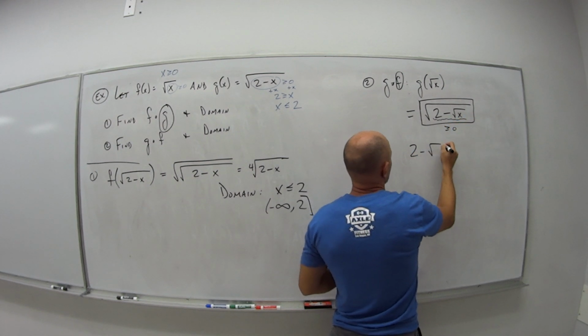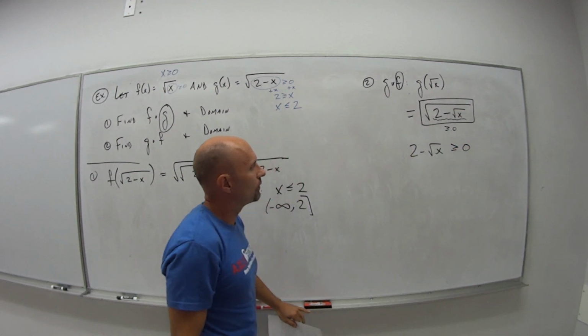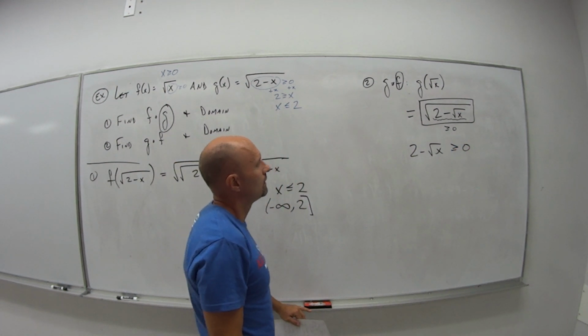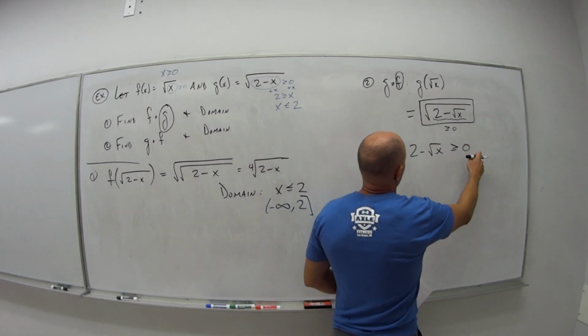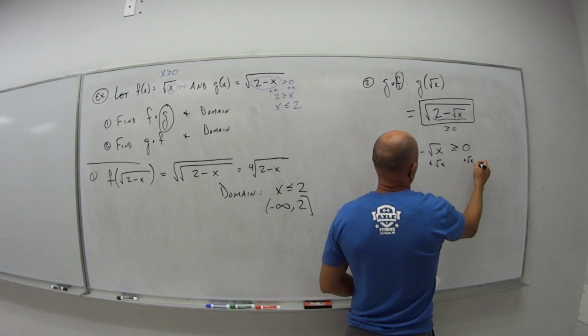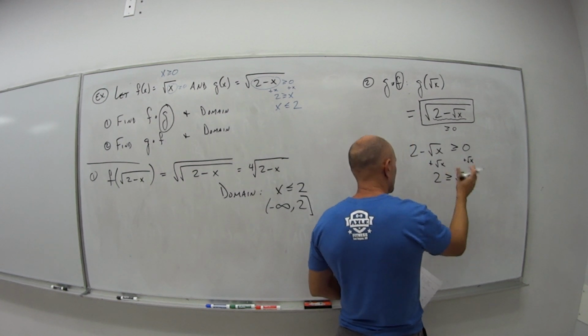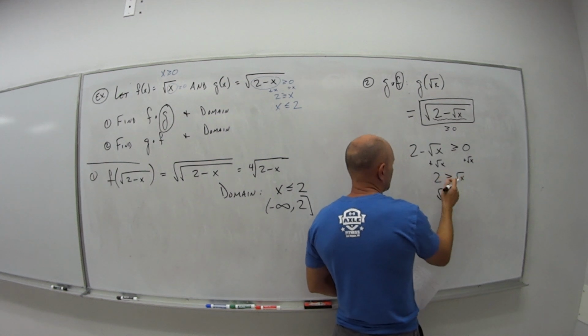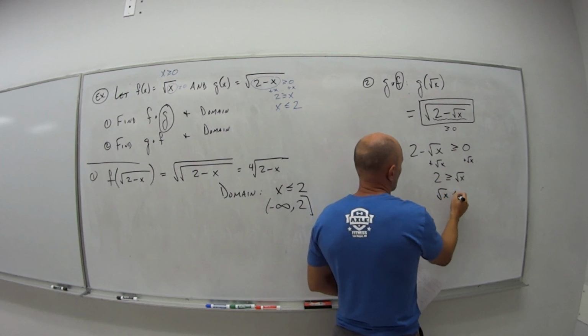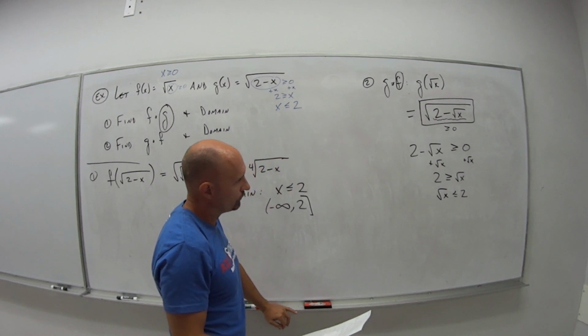So 2 minus the square root of x has to be greater than or equal to 0. So if I add the square root of x to both sides, I get what? 2 is greater than or equal to square root of x. I'm going to flip-flop them, so because I flip-flop it, I have to change the sign as well. So that means the square root of x is less than or equal to 2.